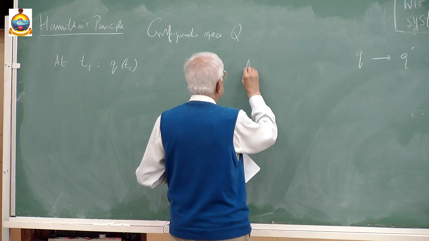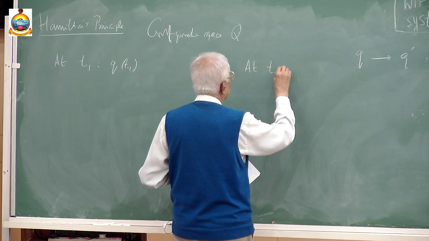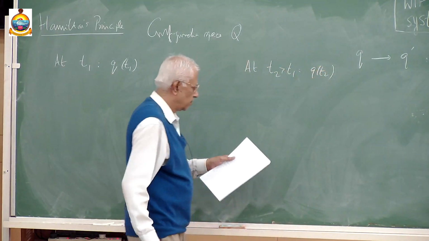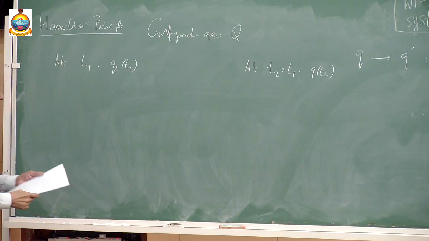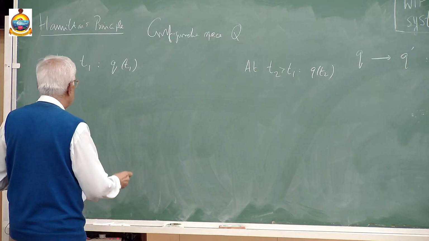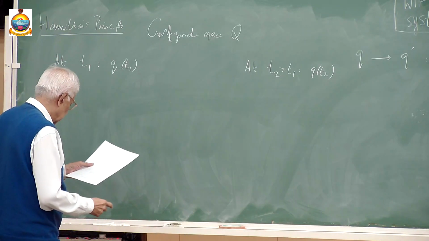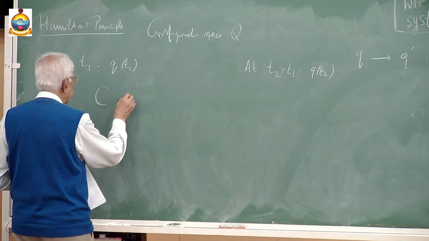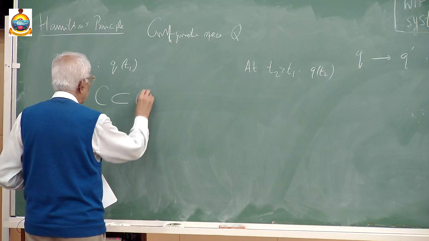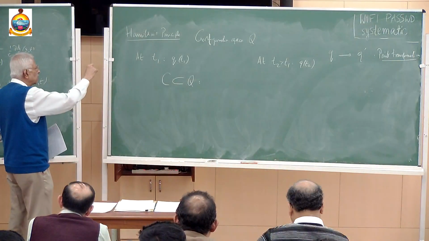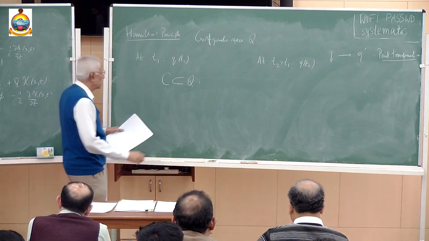And then at a later time t2, you give the values of the generalized coordinates q of t2. I should draw a diagram, I will in a moment. Imagine drawing a curve capital C in the configuration space connecting q at t1 to q at t2.